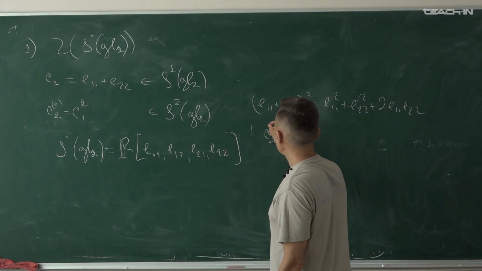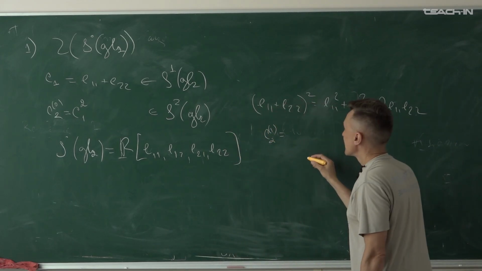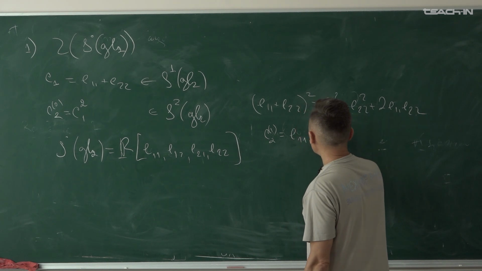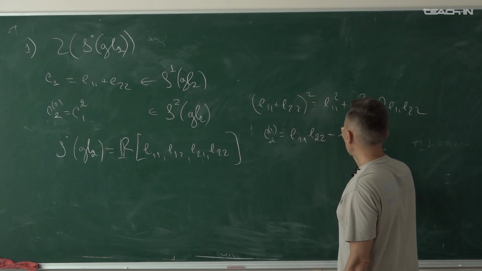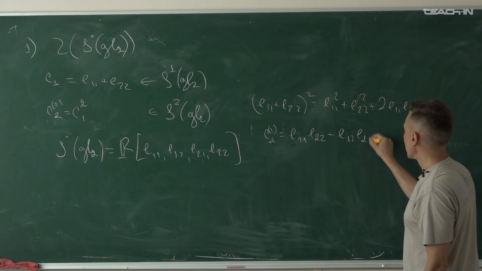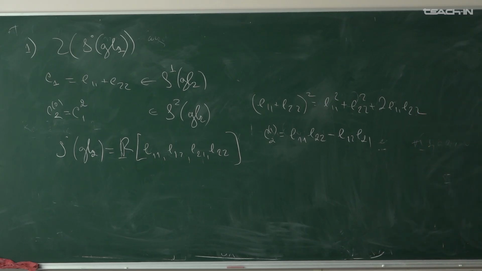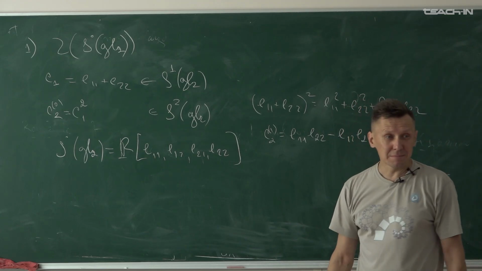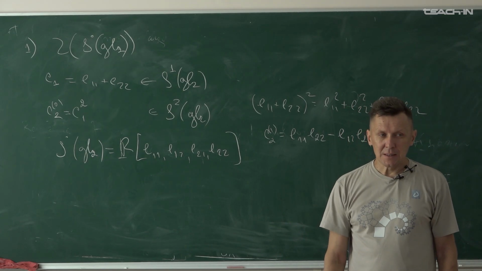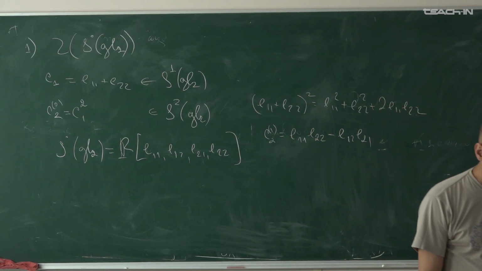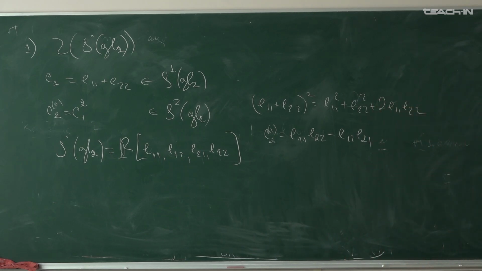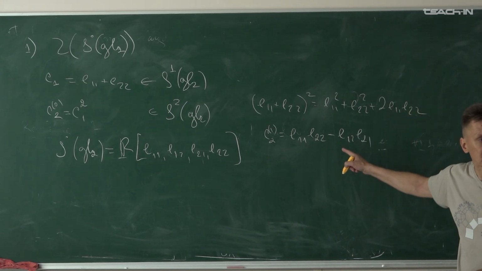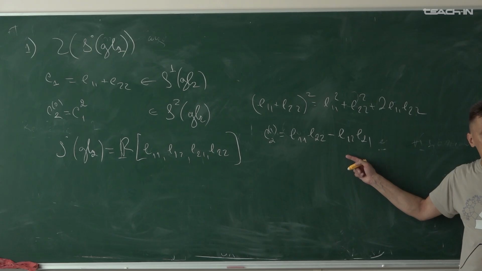I think C21 is the following one: E11 E22 minus E12 E21. I know that this element is also a central element. From where? Last time we checked, I think, we haven't checked it.